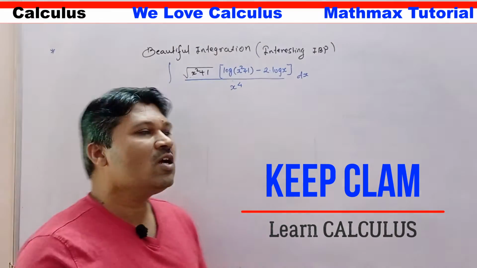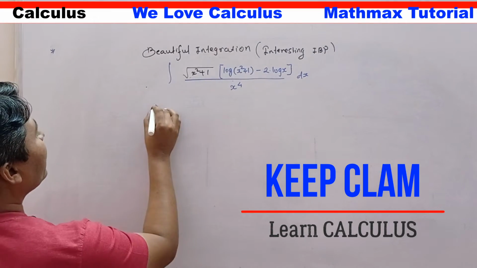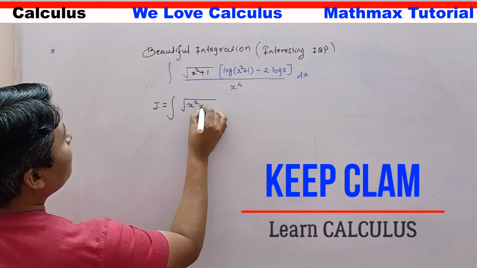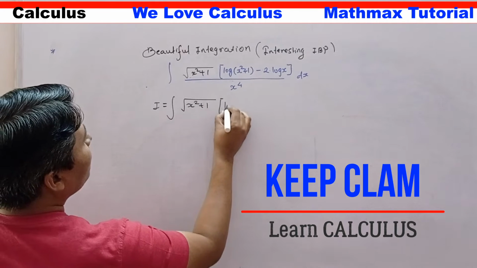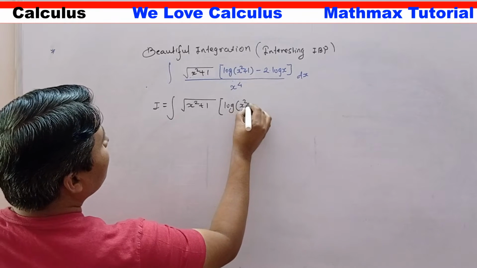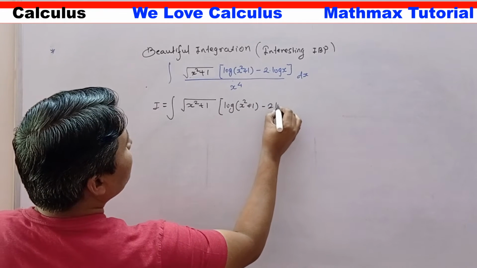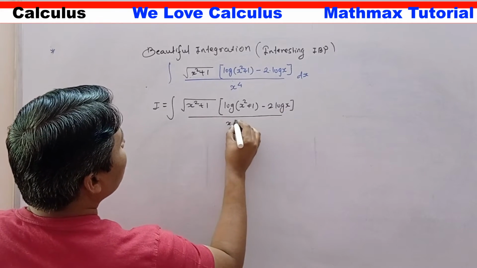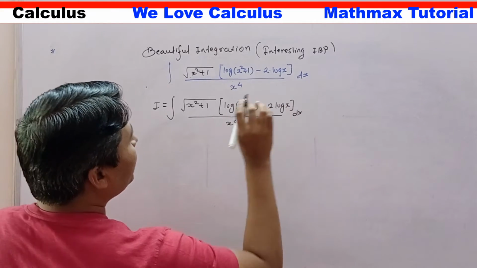Okay, let's start. The given equation I can write as I equals the integration of root of (x square plus 1) times (log of (x square plus 1) minus 2 times log x), divided by x raised to 4, dx.